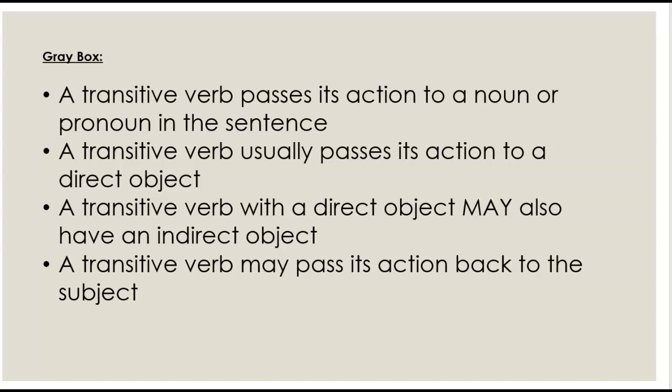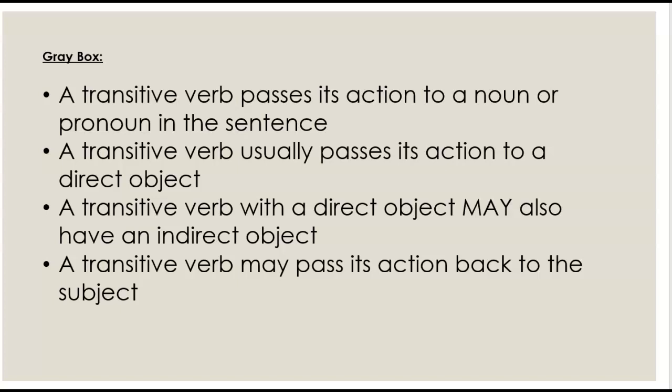It's usually passing its action onto what is called a direct object. We're going to look at that. You've learned those a little bit, but we're going to work on them a little bit more. A transitive verb with a direct object may also have an indirect object. In order to have an indirect object, you do have to have a direct object.